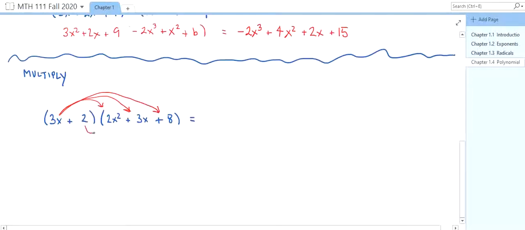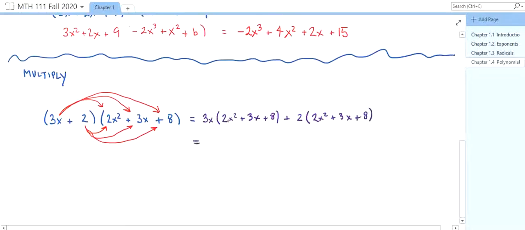Then I would take the other term and multiply by the first, second, and third terms. In essence, it would look something like this: I could take 3x and multiply through the 2x squared plus 3x plus 8, and then add to that the 2 multiplied by 2x squared plus 3x plus 8.